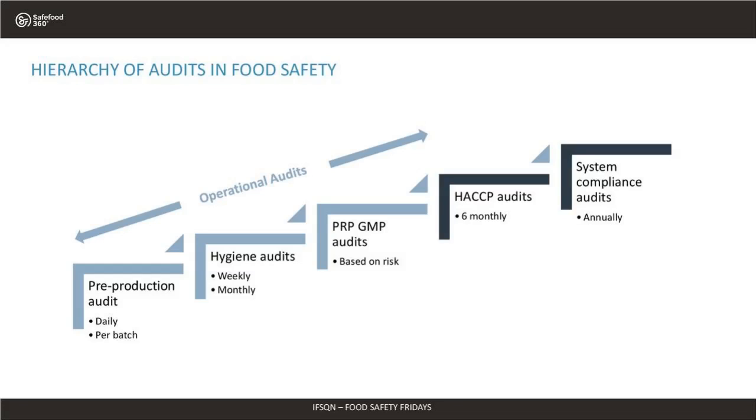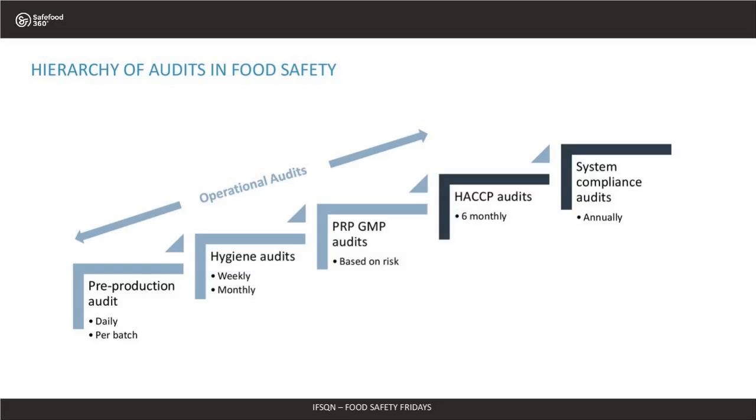But we have initially the pre-production audit, for example, and they're typically daily or per batch or per shift or production run, whatever the local setup is. Stepping up one level, then we might have these hygiene audits, not conducted quite as frequently as the pre-production or post-production audits.